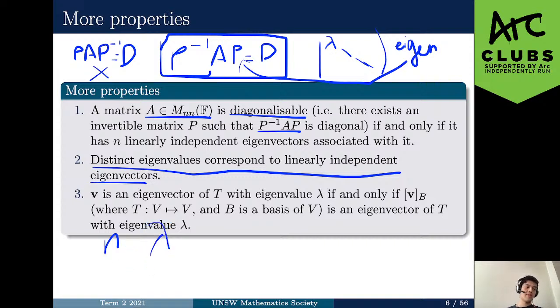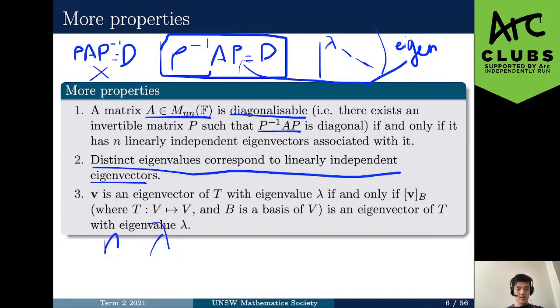But if a matrix doesn't have n distinct eigenvalues, it may or may not be diagonalizable. In order to work it out, you would need to work out the corresponding eigenvectors and see if you have n linearly independent ones. So having n distinct eigenvalues guarantees it's diagonalizable, but not having n does not say anything about whether it's diagonalizable or not.